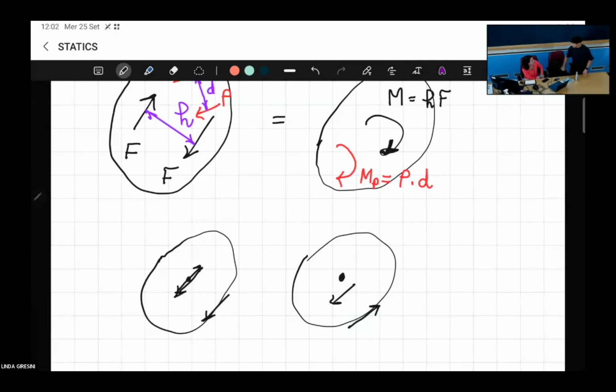I understand your point, because you imagine that if you apply it like here, it rotates more, in your opinion. If you apply it here, it rotates less. But you have to imagine that the equivalent moment is always the same. It will be greater if you are far away from the center.